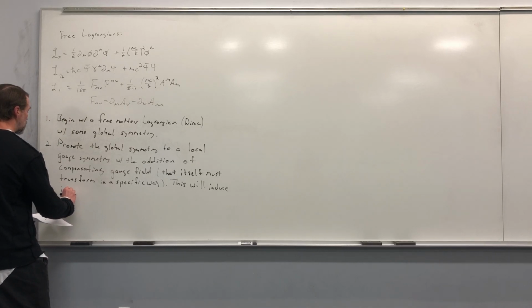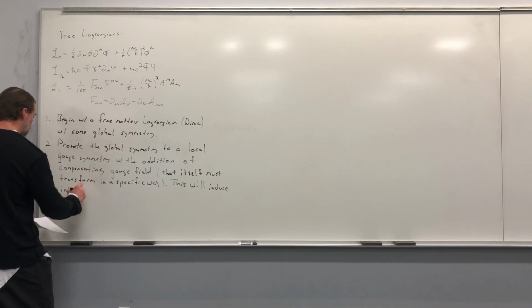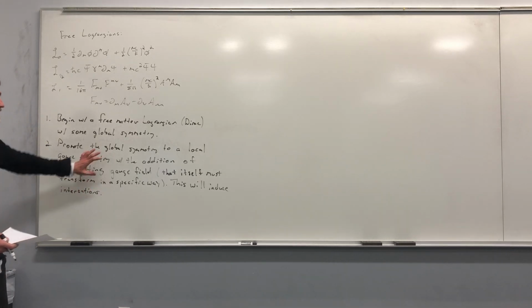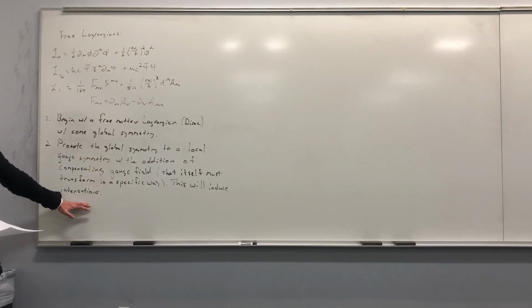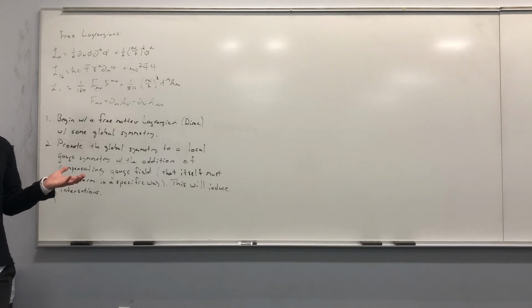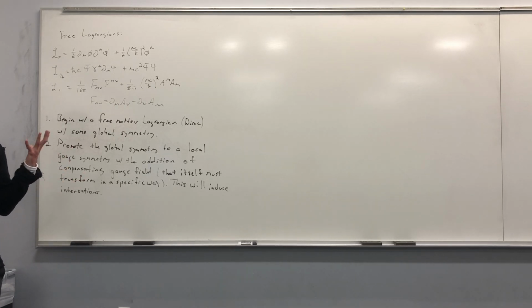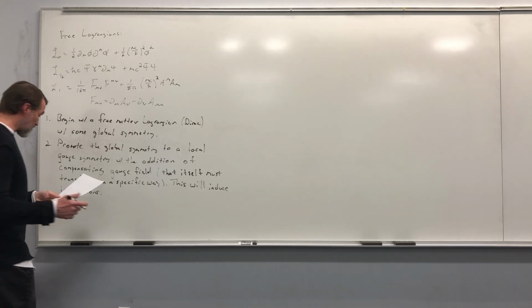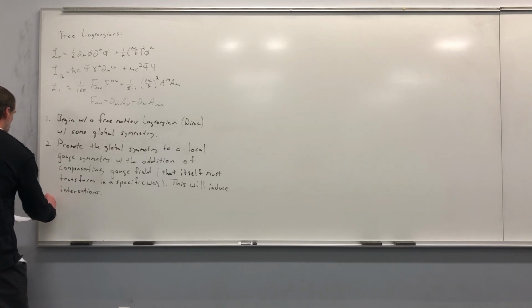So we'll find that by promoting a global symmetry to a local one in the proper way, we will automatically get interactions in the theory. This is my statement that the interactions in the standard model and in general relativity, in fact, all four fundamental forces all come from demanding symmetries. And it's demanding that they be local. Okay? And again, I'll describe what that means in a bit.